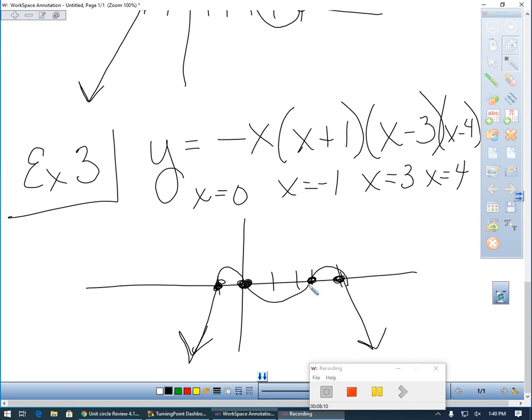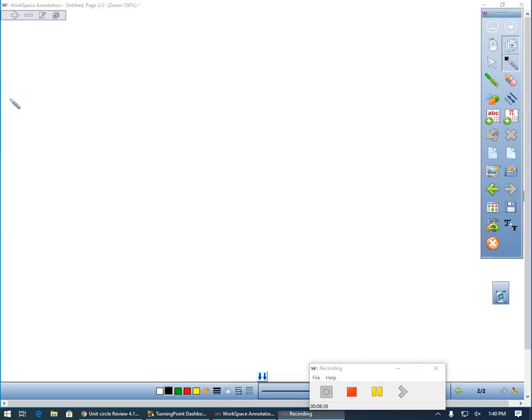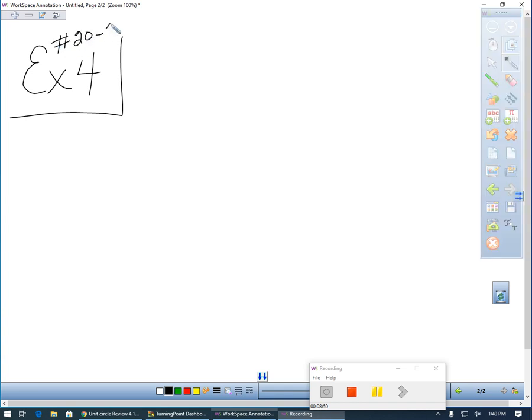So the next section is the one that nobody likes. It's not bad. It's just a lot of algebra. It's going to be fine. Okay? So in the next section, example number 4. This is 20 through 26. And again, that's why I stopped after this for today.